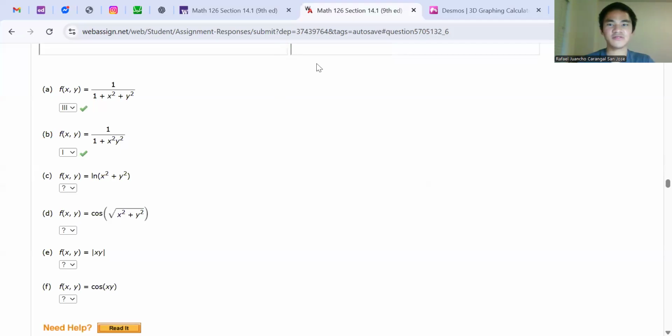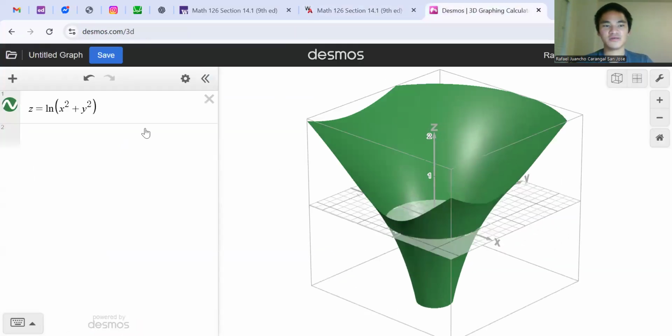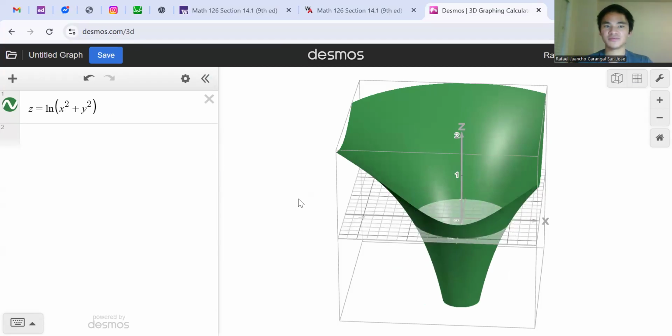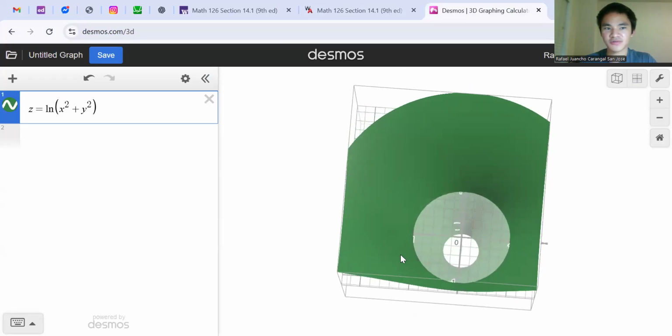So where are my conditions here? Well, my domain should be x squared plus y squared. It should be greater than 0, right? So we actually have a domain here, which is this bottom thing here, where x squared plus y squared should be greater than 0.